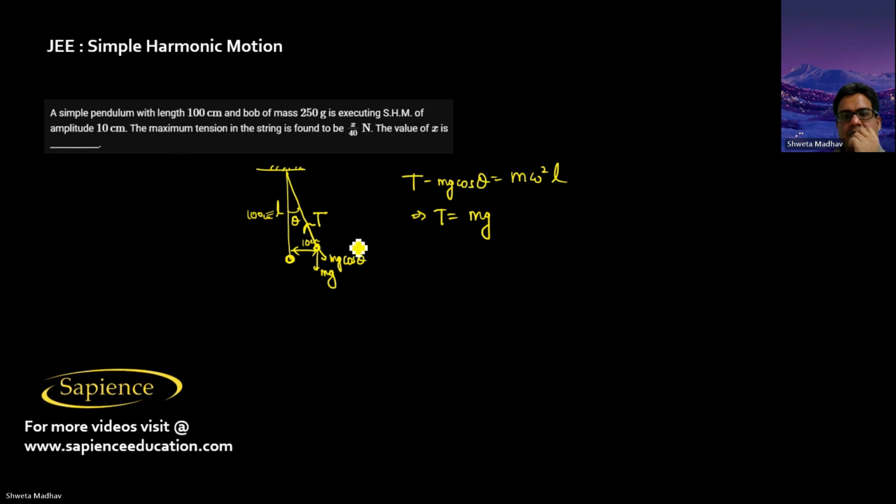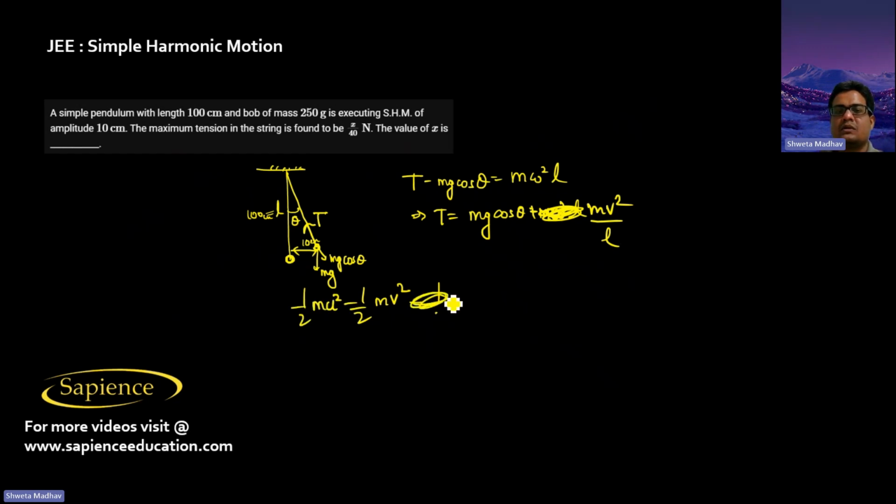So I will say the tension T equals mg cos theta plus m omega square L, we can say m v square by L. We can say half m u square minus half m v square, which is the loss in kinetic energy.